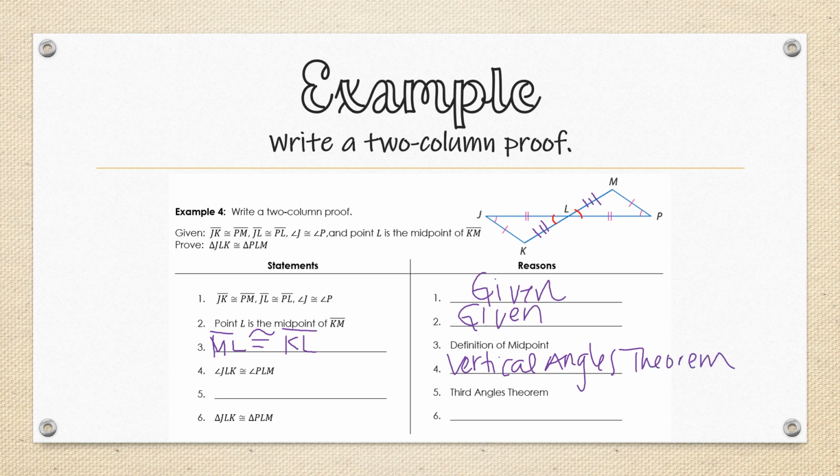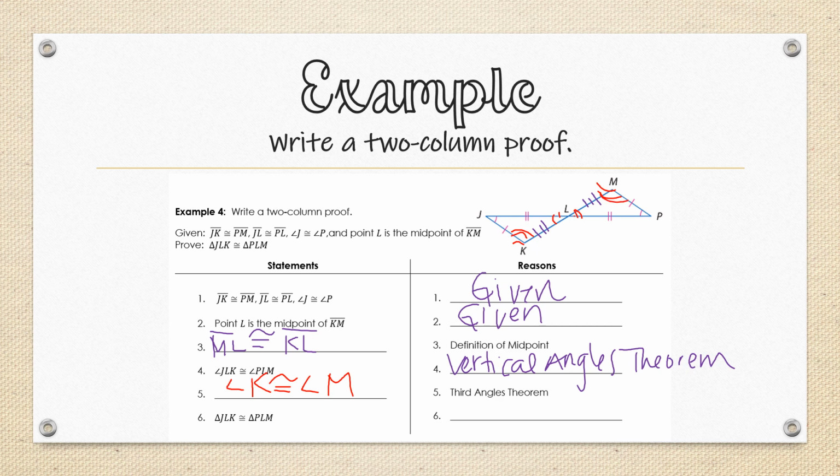So now we have two of the three angles that are marked congruent. So if we have two of three angles, then we can conclude that the third angles, angle K and angle M, are going to be congruent because they are the third pair of angles.